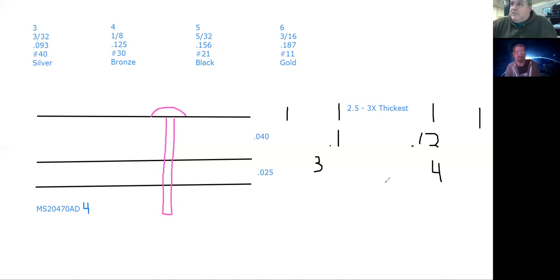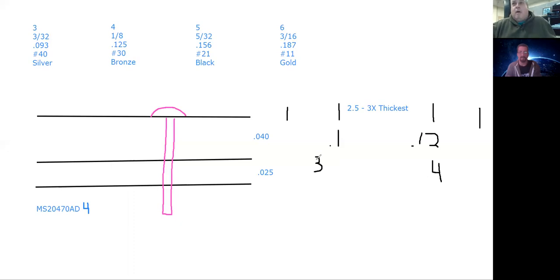Just bigger is stronger. In this instance, you wouldn't necessarily be wrong depending on what the part was. I don't think you'd be wrong if you used a 3 rivet, but it depends on what the part is. If the part is some kind of structural part, I would definitely say go bigger.